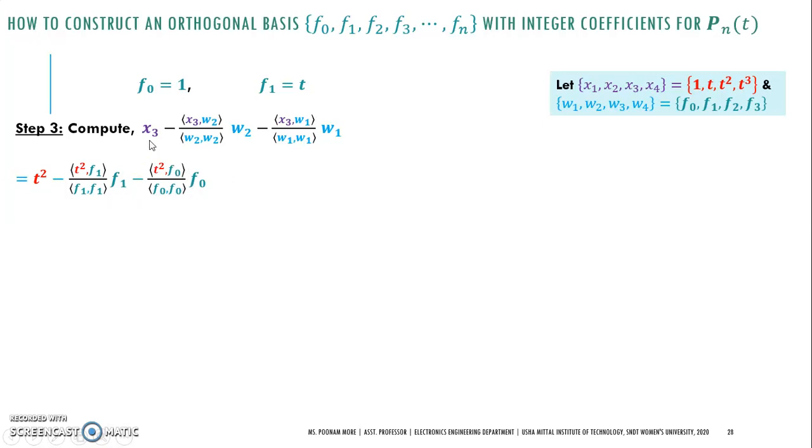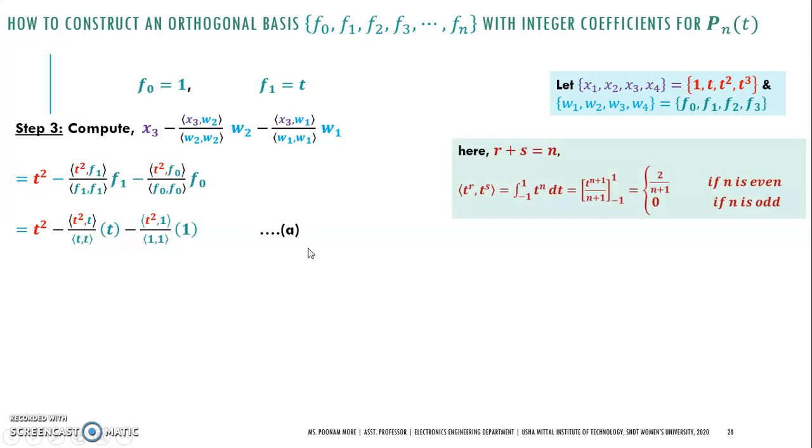We obtain this by substituting the respective values of x3, w2 and w1 as found in the previous steps. So by substituting f1 as t and f0 as 1, this equation becomes as shown in equation A.